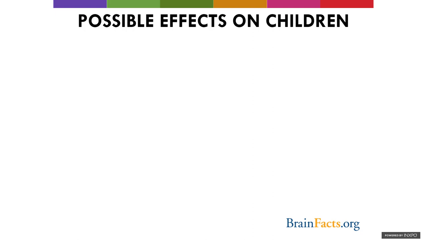Psychologists and neuroscientists worry about 3 different effects on our children, and I'm going to try to cover these 3 as I talk. First is lack of social skills. In order to develop good social skills, you need to be able to gather context.